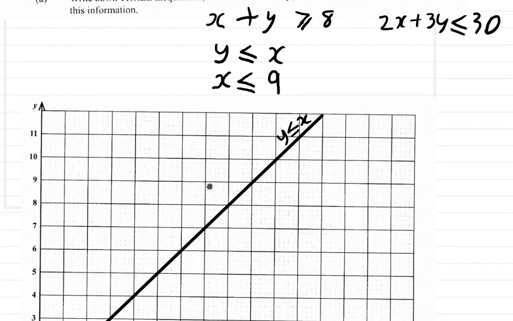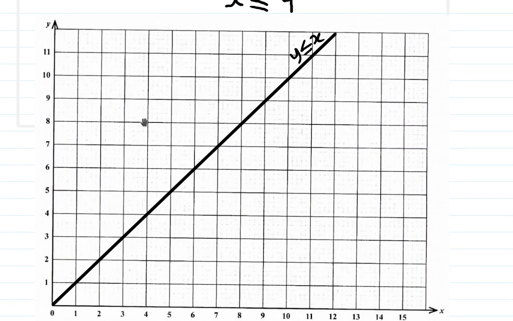So x equals 9 would be this line. Alright, so this is the line x. Let me write that on it. X is less than or equal to 9.